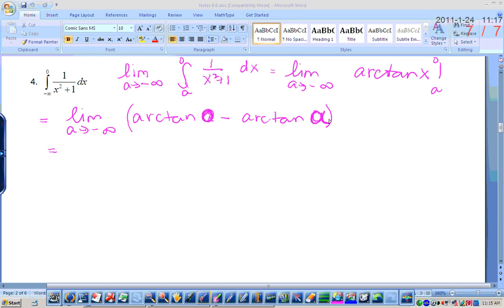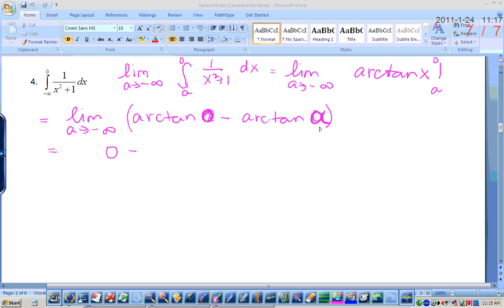All right, what is the arctan of 0? What angle has a tangent of 0? 0. And what would the limit of the arctan of a be as a approaches negative infinity?